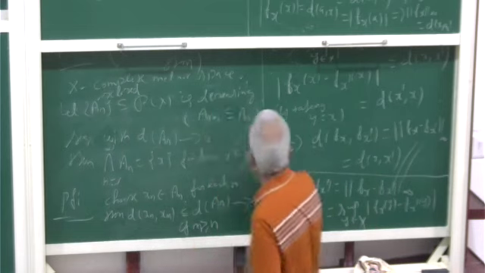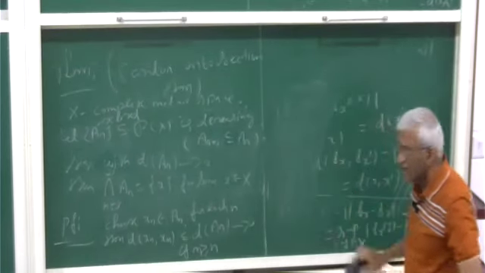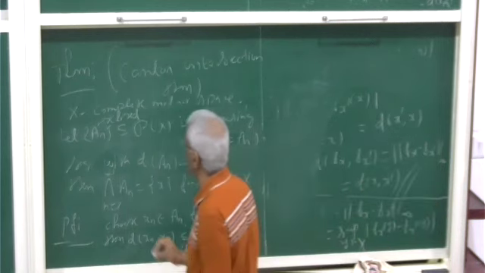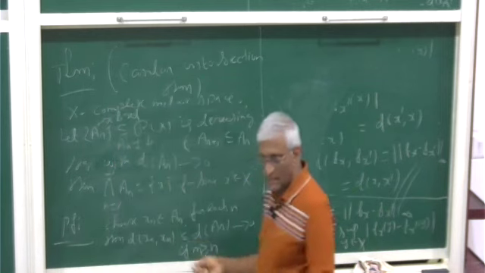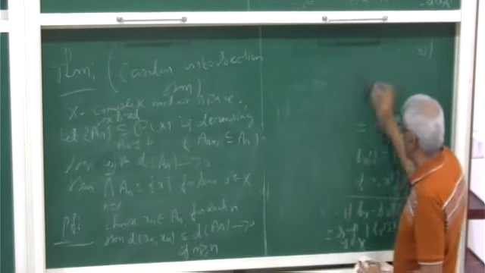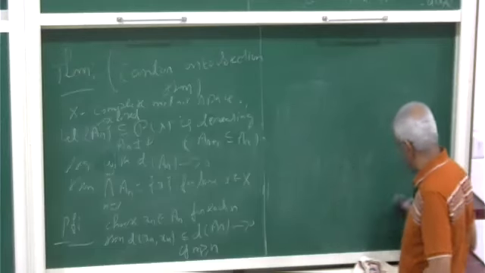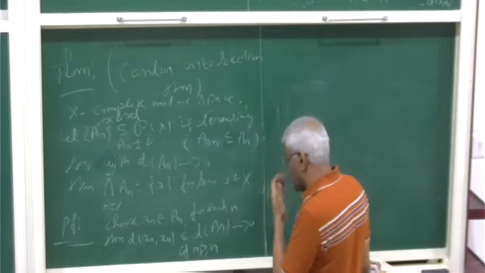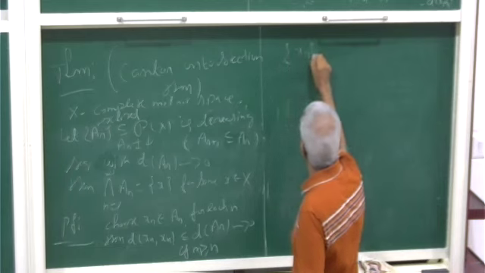Each A_n has to be non-empty, of course, otherwise it doesn't make sense. So d(x_n, x_m) goes to 0, and this implies x_n is Cauchy.